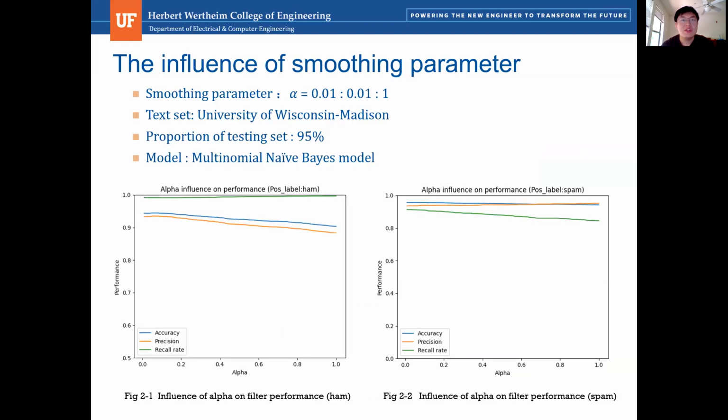Before we evaluate the original and the improved model, we need to make sure that we have a relatively better setting of parameter alpha for the multinomial model.